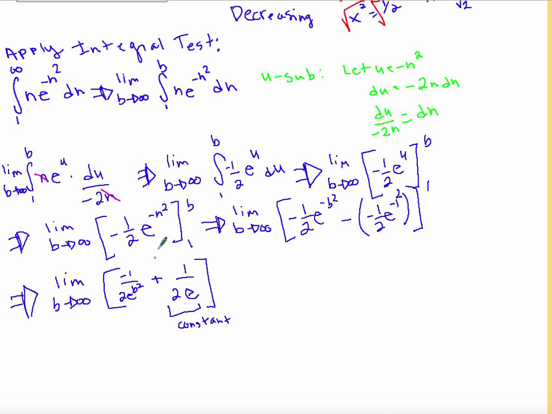But how about here? As b goes to infinity, so as b gets bigger and bigger and bigger, e to that really, really big power is going to get even larger. And then we're going to multiply it by 2. But that's all a denominator. So -1 divided by a super gigantically growing number is going to have a limit of 0. So I've got 0 plus a constant.